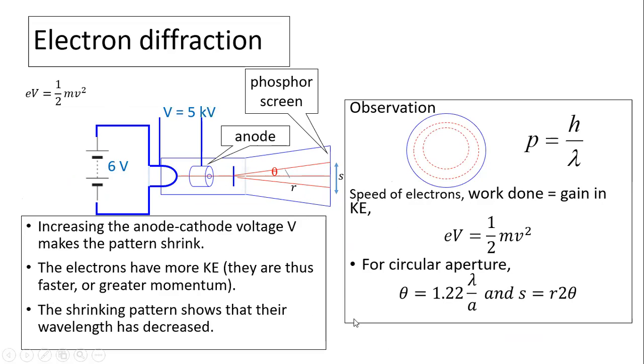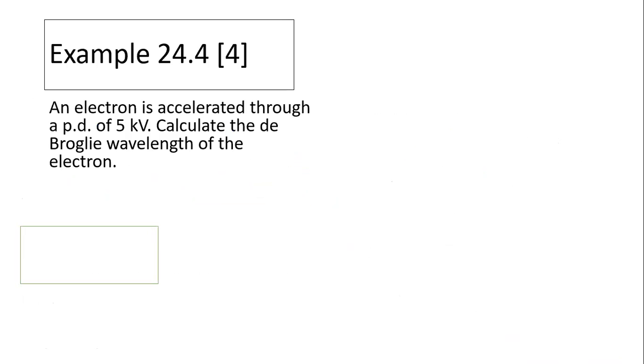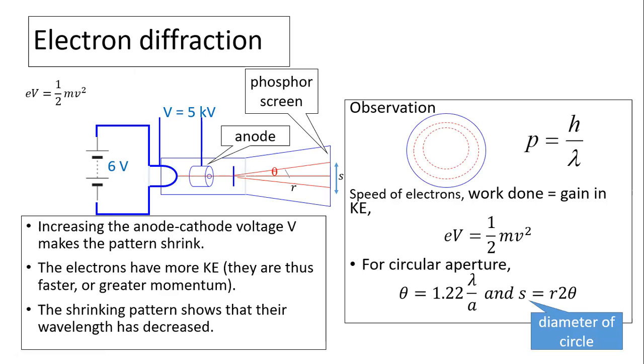Okay, let's do some calculation. I hope you'll do some calculation. You'll study tonight and do some calculation. If not, you'll see stars tomorrow. Calculate this one using the equation. An electron is accelerated through a potential of 5 kilovolts. Calculate the de Broglie wavelength of the electron. Basically, we are just using this equation and that equation.